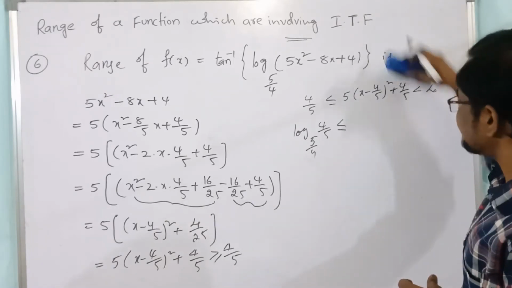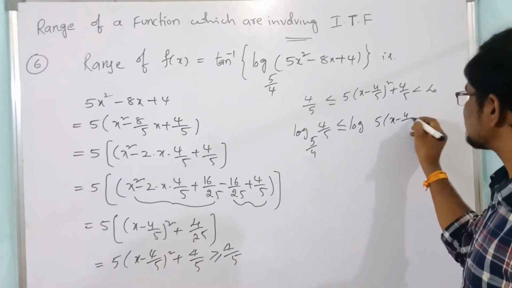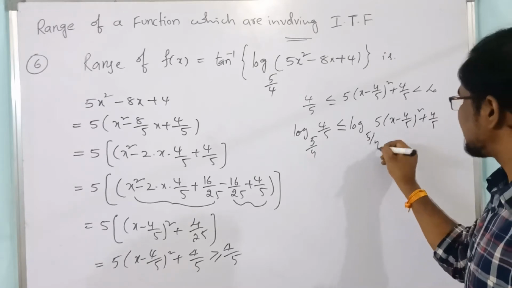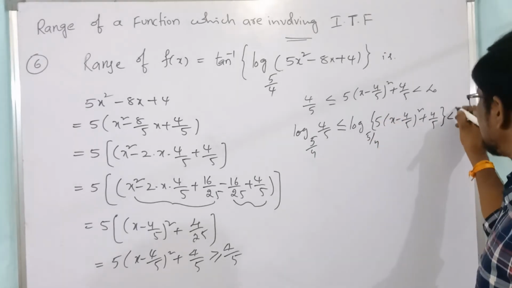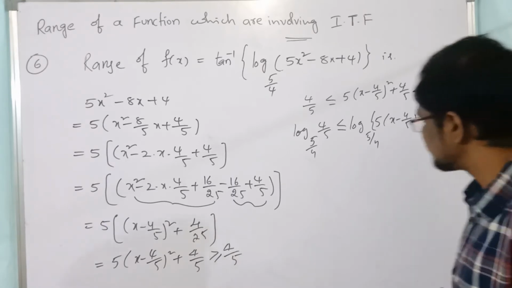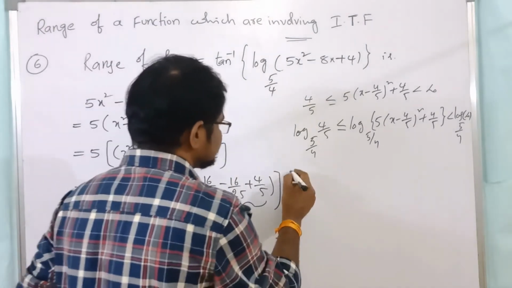Now log of 5 into x minus 4 by 5 whole square plus 4 by 5, to the base 5 by 4, is less than log of infinity to the base 5 by 4.